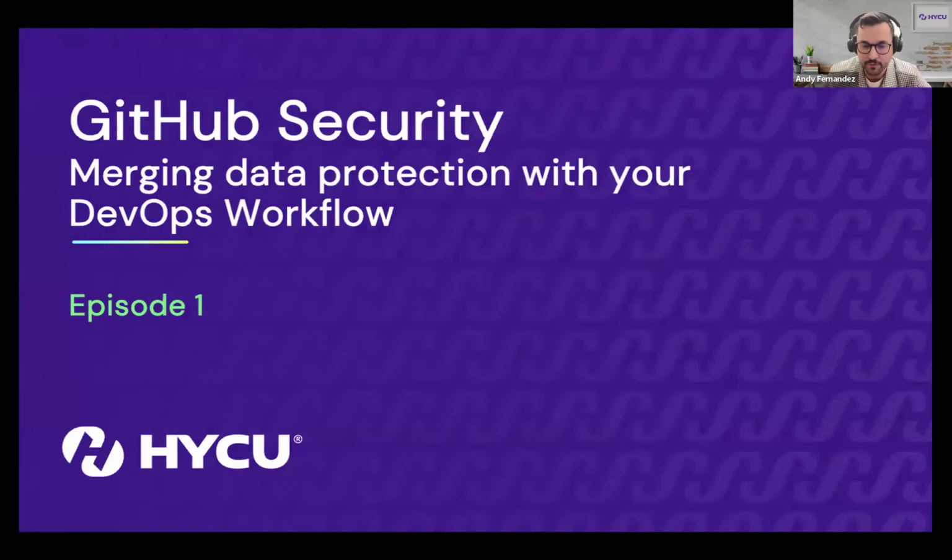But for today's episode, we're going to talk about something very interesting. It's something that usually gets overlooked, but it's so critical to every organization. Whether you are in engineering, in DevOps, or even in IT, GitHub security is very critical to understand. And we're really going to focus today on merging data protection itself with your DevOps workflow. It's not usually something that goes hand in hand, but it's critical in the world of SaaS.